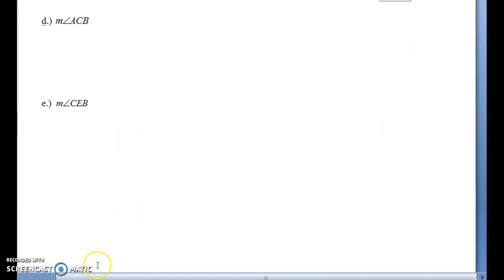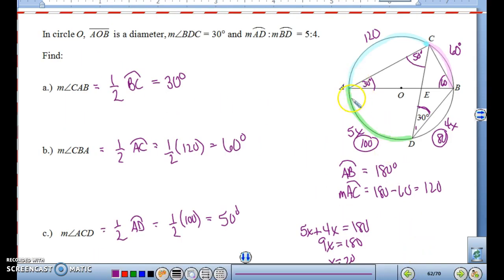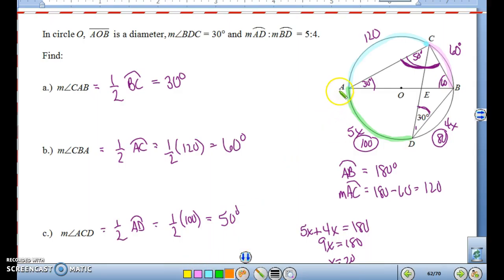Now, all right, so all we have left is angle ACB and angle CEB. So let's look at ACB. ACB would be this angle right here. Okay, what arc does that angle intercept? Now be careful. It goes from A all the way over to B, because here's the angle right there. It's going to intercept that arc right there.